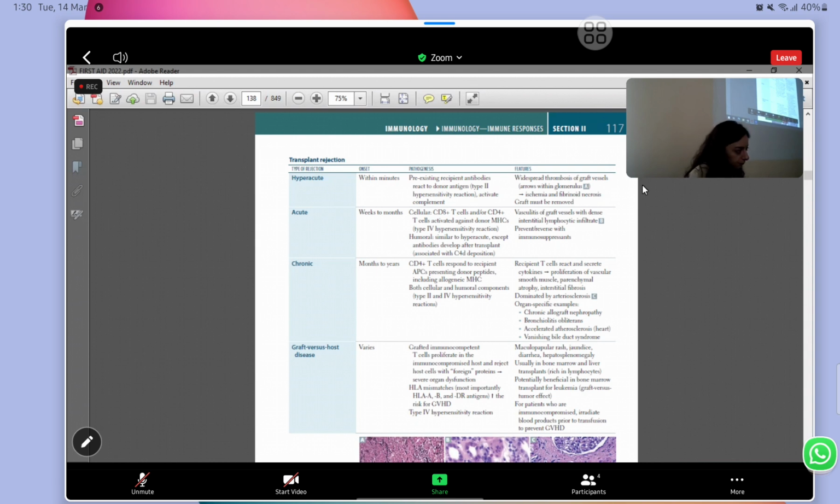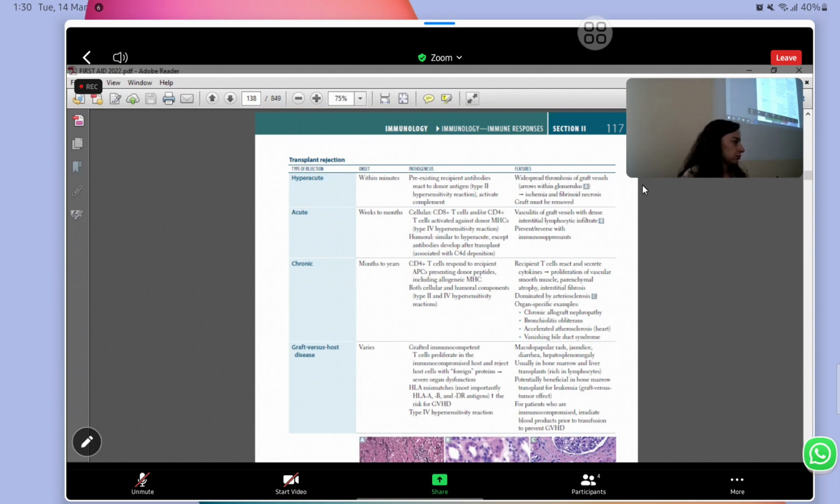In graft versus host disease, the donor's cells attack the recipient's organs. How does it happen? Graft versus host disease develops if you are transplanting immunocompetent tissue. What does it mean? The tissue which can produce immune cells.